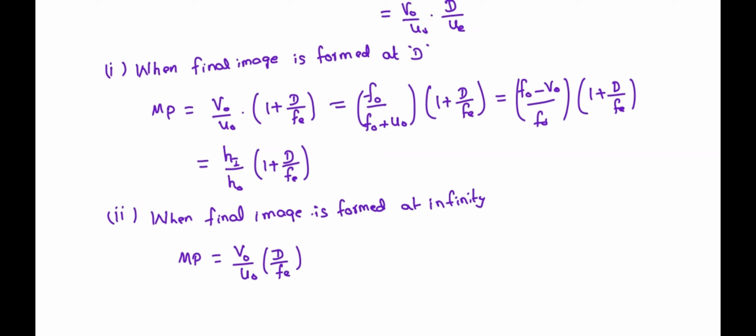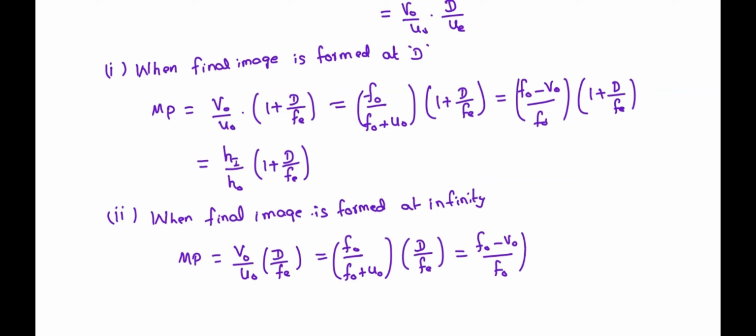We get the same expressions: f0 by (f0 plus u0) into D by fe, which is also equal to (f0 minus v0) divided by f0 into D by fe.